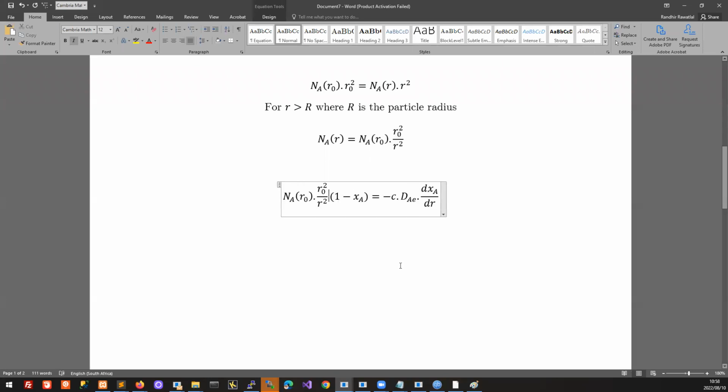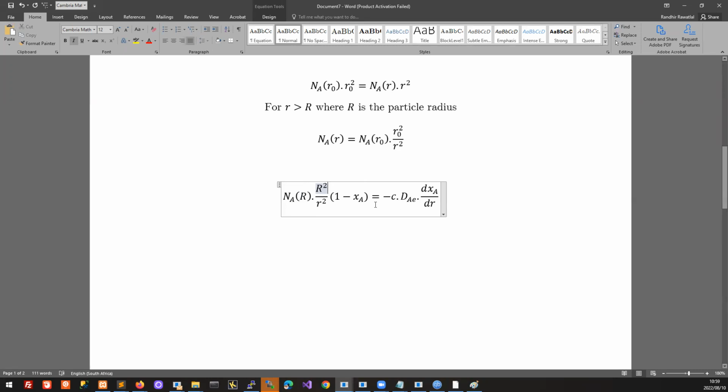And what we can do is say, let's work with this in terms of the surface radial position. So we want to know NA at R. So this is the flux on the surface of the particle. So this is going to be R squared, right? So now the expression looks like this.